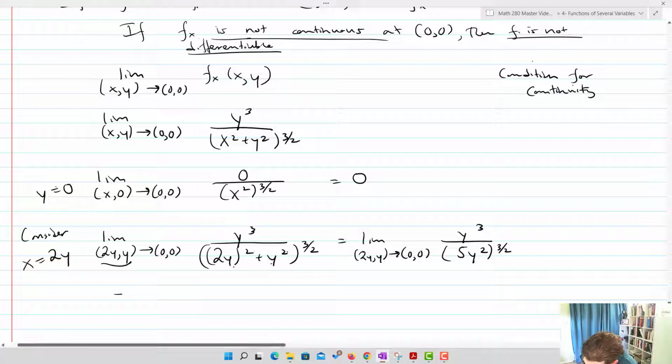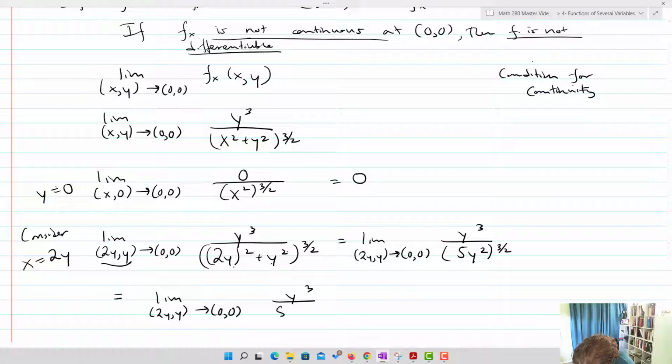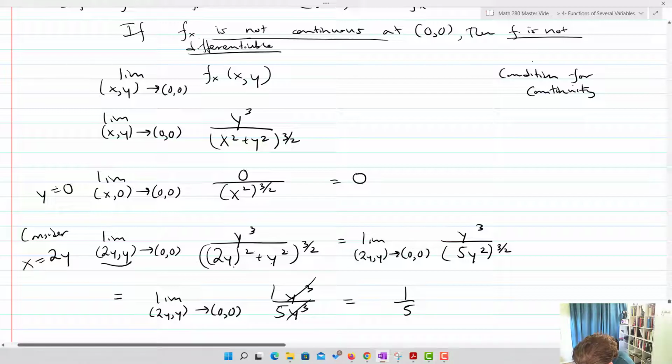And this ends up equaling the limit as 2y, y goes to 0, 0, of y cubed over 5y cubed, which equals 1/5, right? The y cubes cancel, it becomes 1/5.